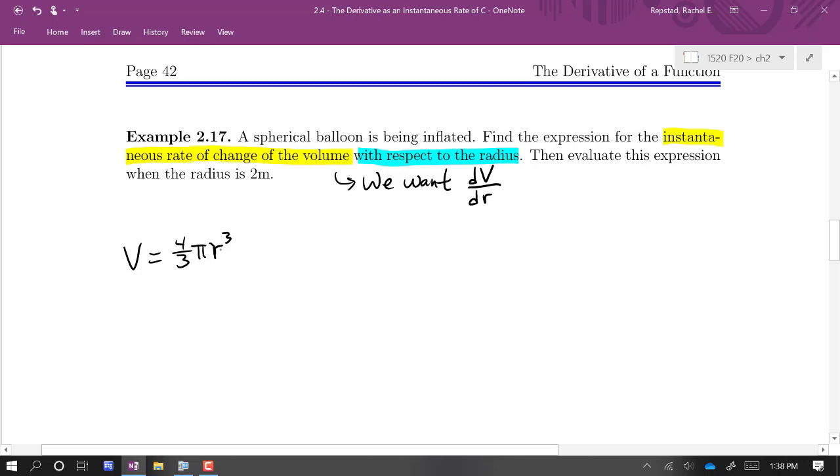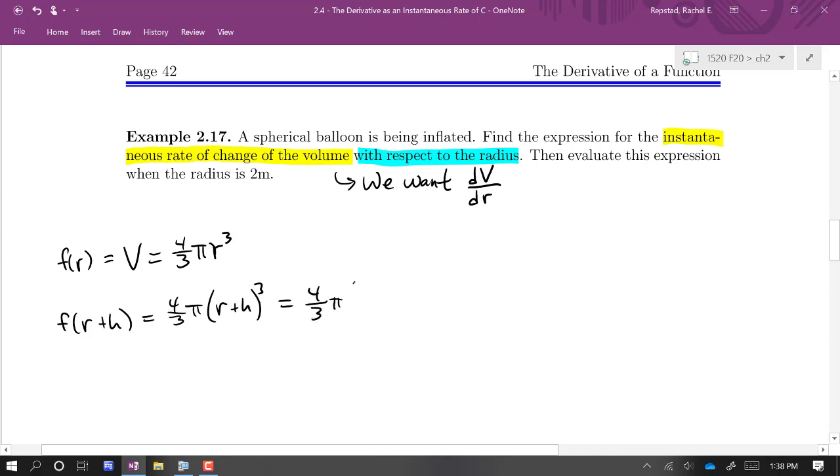And now we can do the algebra we need to do to set up our limit. So this is f of r. So f of r plus h is 4/3 pi (r plus h) cubed. And like we often do, I'm going to expand that (r plus h) cubed. You can use Pascal's triangle to help you.